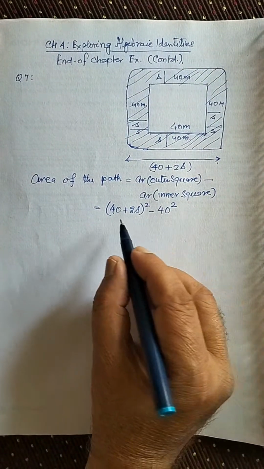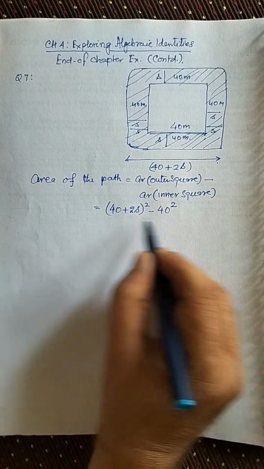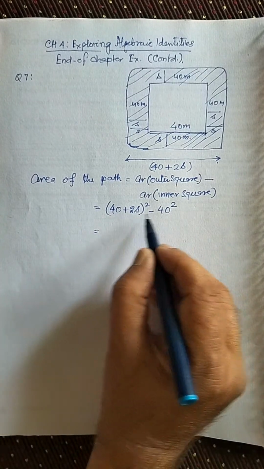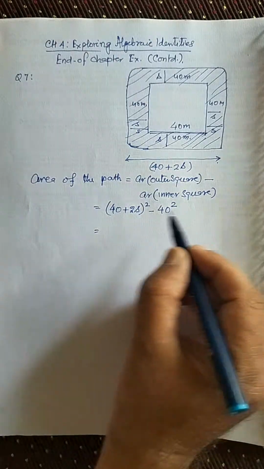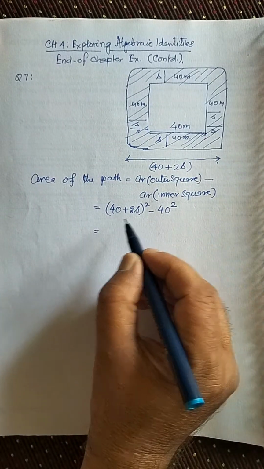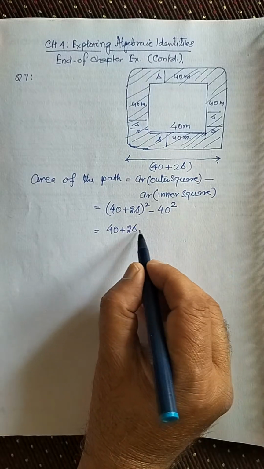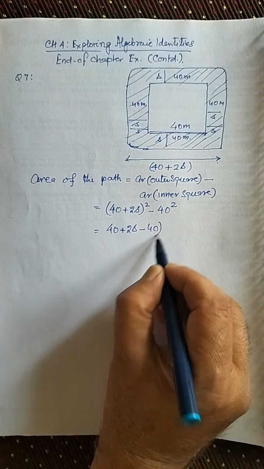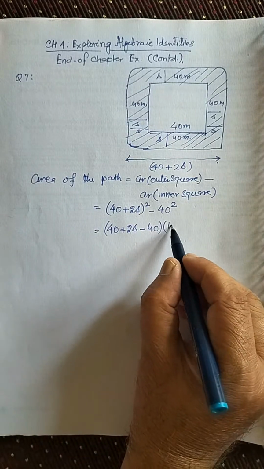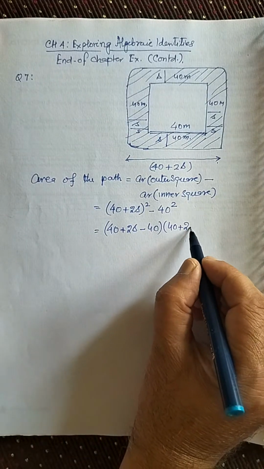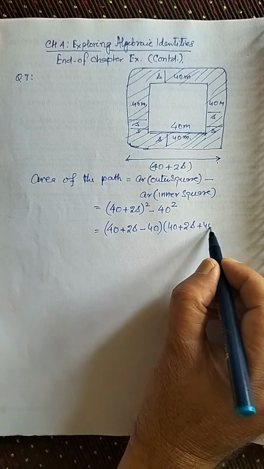Now let's further simplify it. Very clearly I can see that this is the a square minus b square identity. So using that identity, I will write it as (40 plus 2s minus 40)(40 plus 2s plus 40).